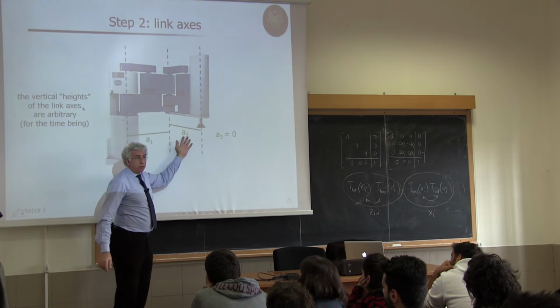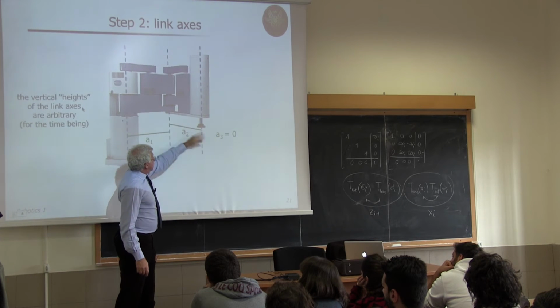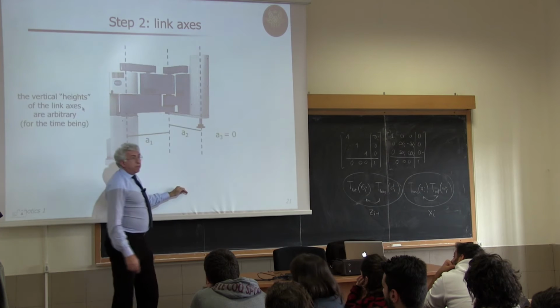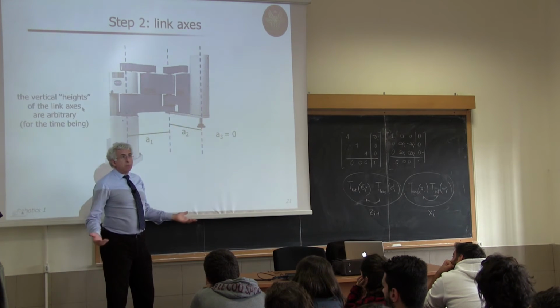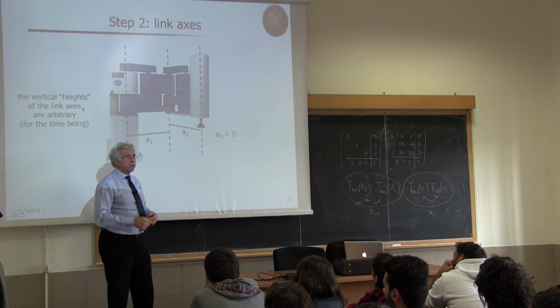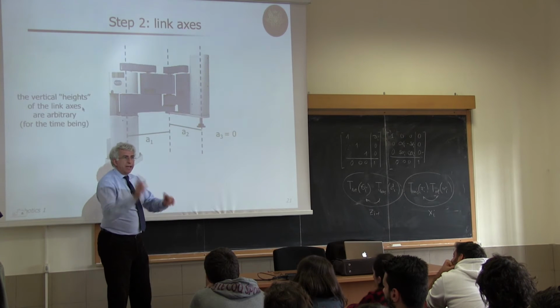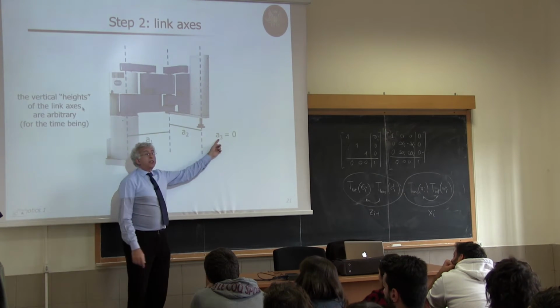Same thing for A2: joint 2, joint 3, parallel, the common normals are infinite. I choose any one, I compute this distance, and this will be A2, and then I will give a sign to this distance, and it will become a displacement, depending on how I choose the xi axis. A3 is certainly 0.